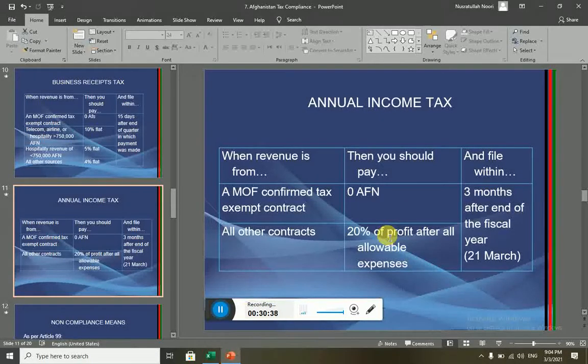Once financial statements are prepared, then we are required to prepare our annual income tax return, which is basically a specially designed 4-page tax return, where a list of expenses is given, then a list of revenues is given, then there is a tax calculation, tax assessment, and then there is an information sheet.